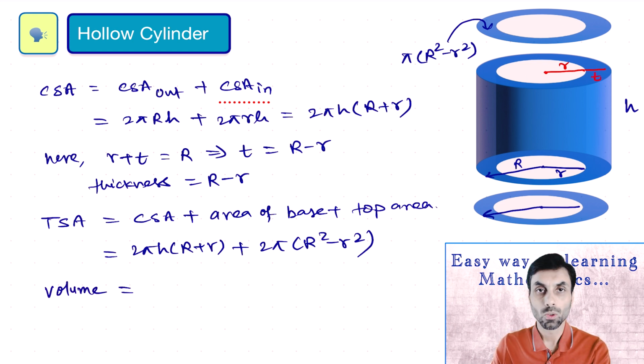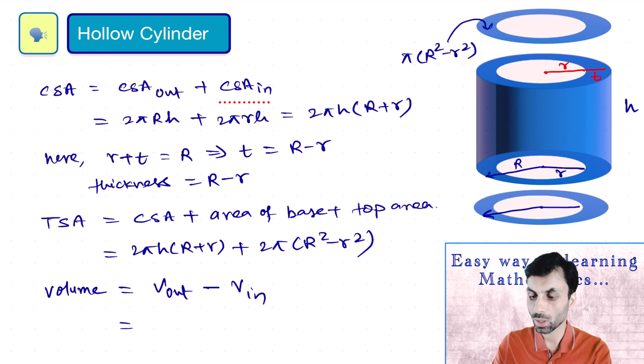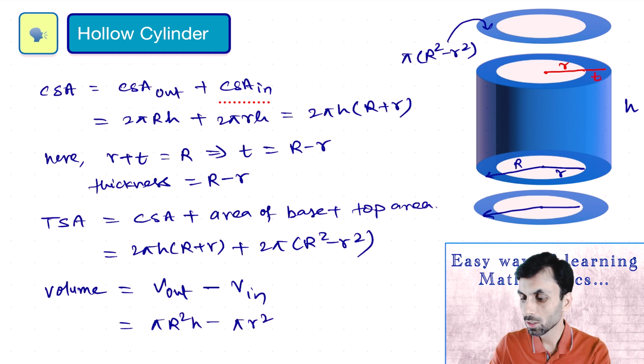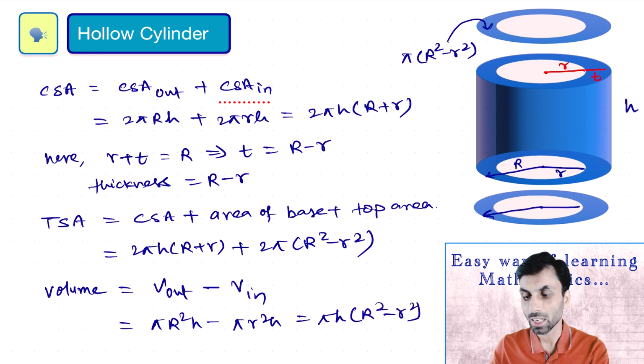Next, when we talk about volume, the volume will be outer volume minus inner volume, and the volume of a cylinder is pi r square h, so the outer volume will be pi capital R square h minus the inner volume, which will be pi small r square h, which will be pi h into R square minus r square.